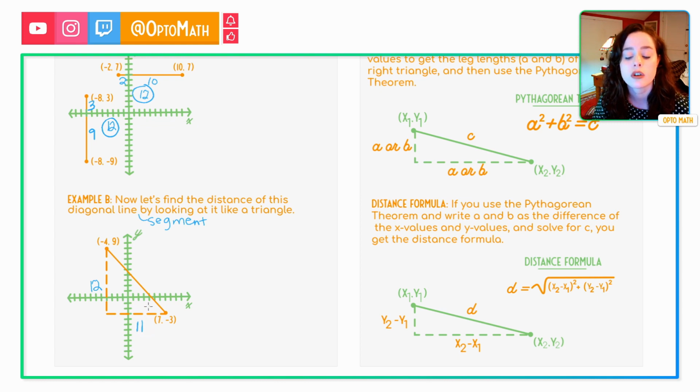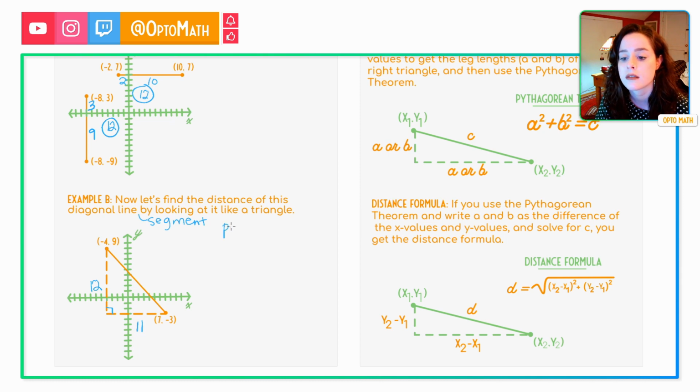So we want to figure out what's the distance of this diagonal line segment. So think back to probably 8th grade and maybe even Algebra 1. When we want to find the hypotenuse, it's a big word there, of a right triangle, we know this is right because it's a vertical line meeting a horizontal line, we will use what's called the Pythagorean theorem.